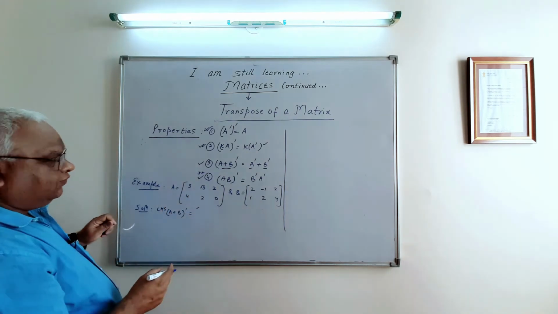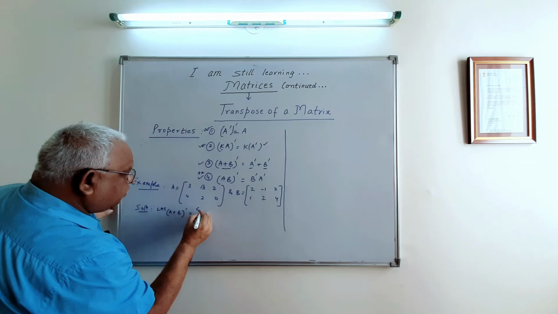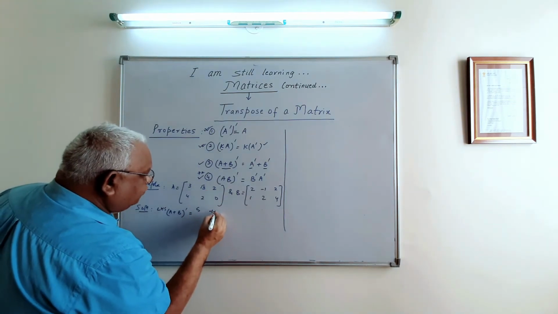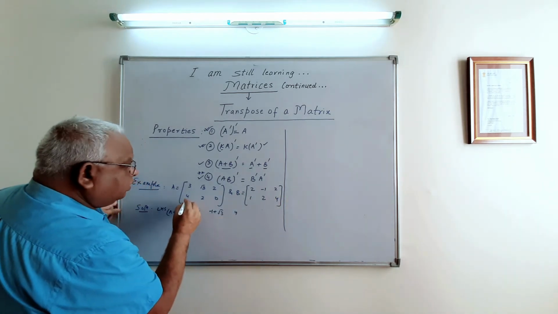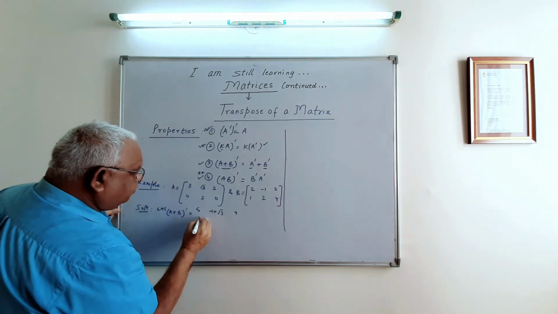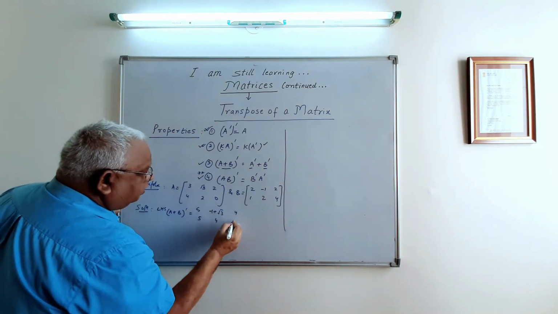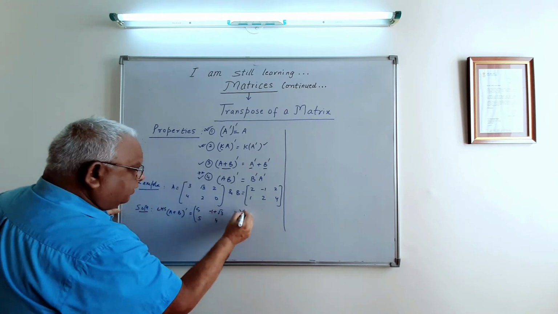Let me do it fast. 3 plus 2 is 5. Minus 1 plus root 3 is minus 1 plus root 3. 2 plus 2 is 4. 4 plus 1 is 5. 2 plus 2 is 4. 0 plus 4 is 4. And the transpose.